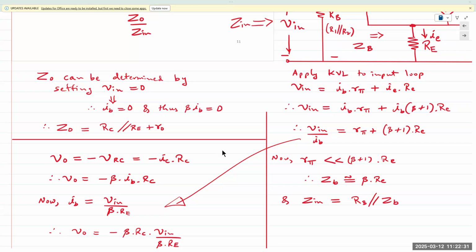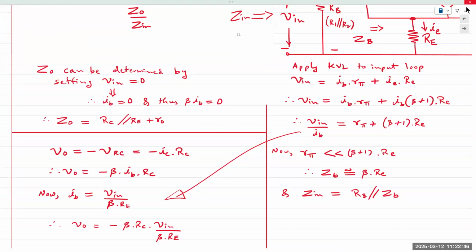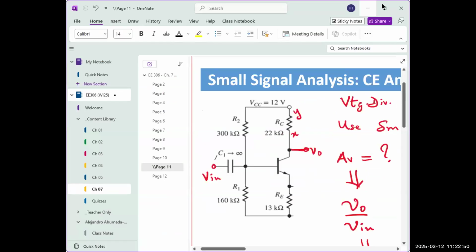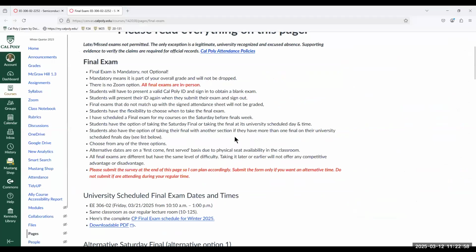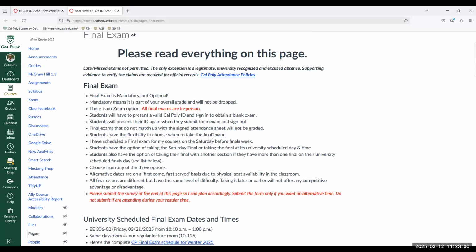Final exam. So again, please ensure that you read everything on this page.